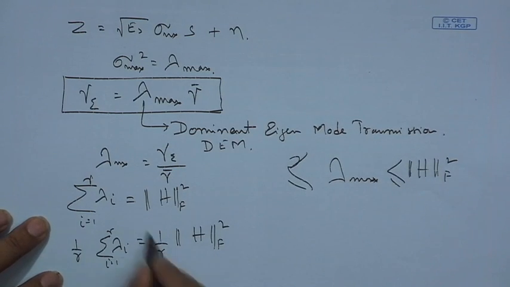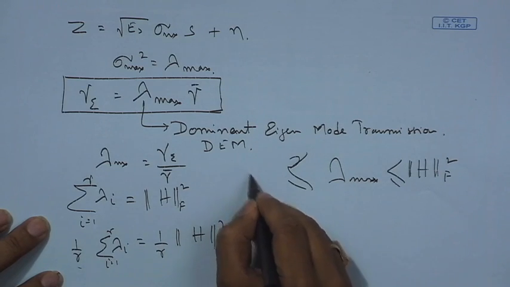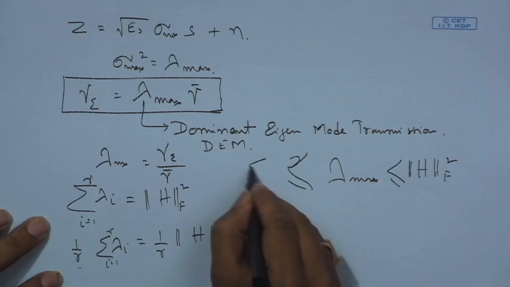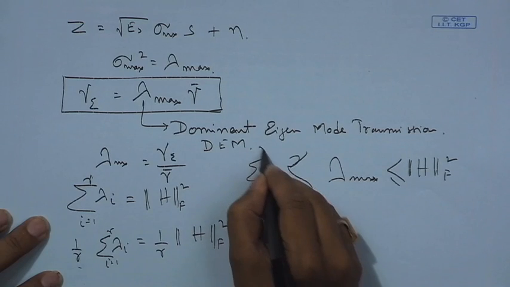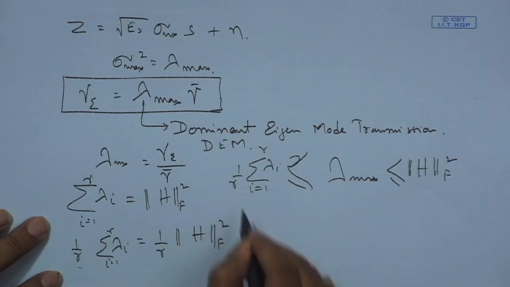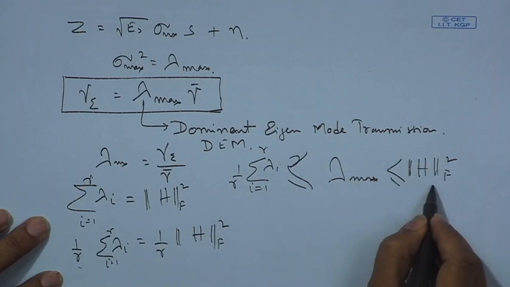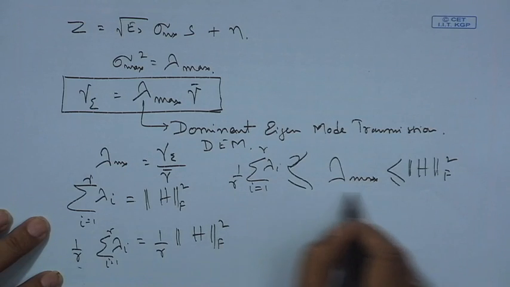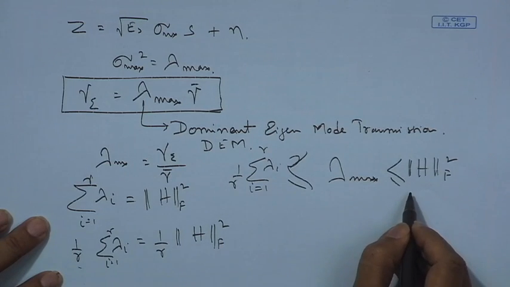And the other case, when all of them are equal, or we take the average value, lambda max is the sum over i equals 1 to r of lambda i times 1 by r. So lambda max lies between the maximum value and the average value. This is the range of lambda max.